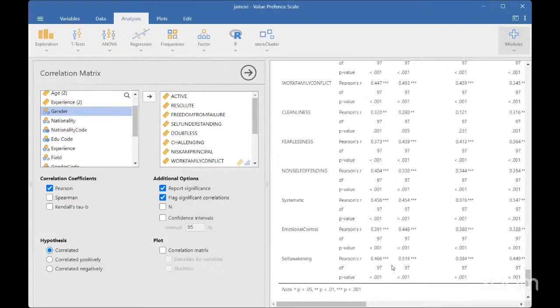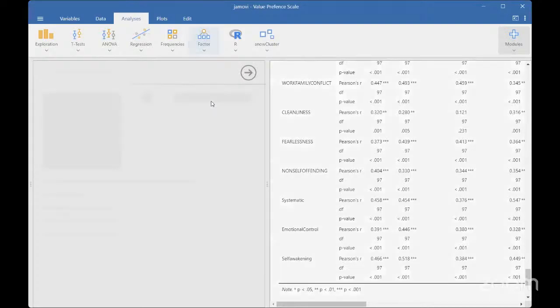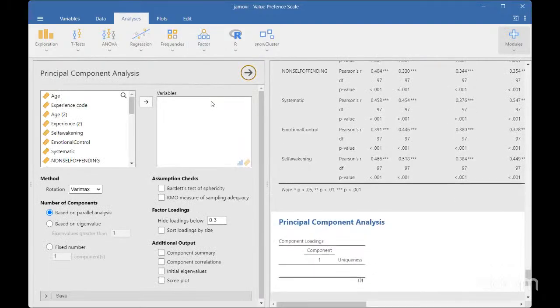So Smita, you click the factor, then you click the principal component analysis. And you take all the values.